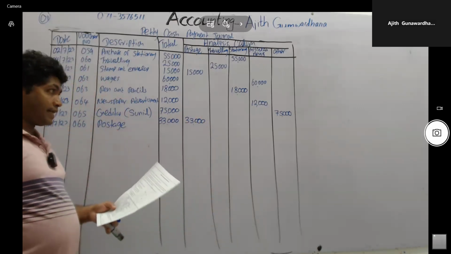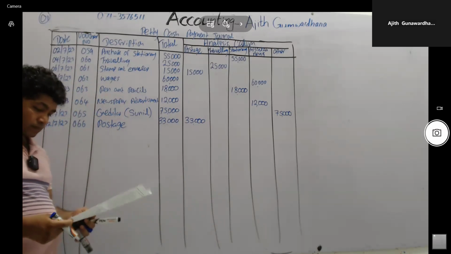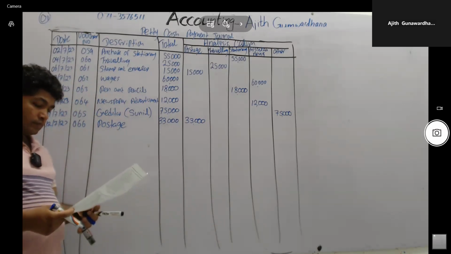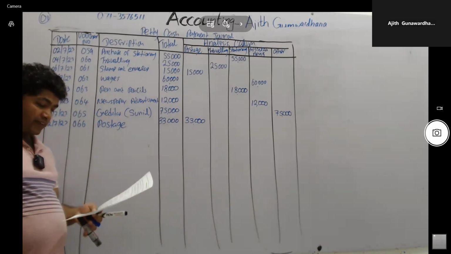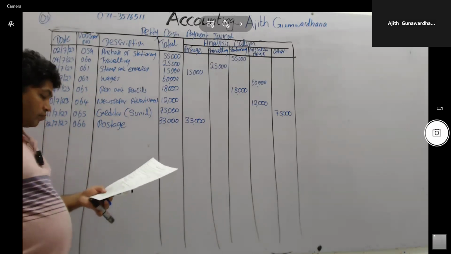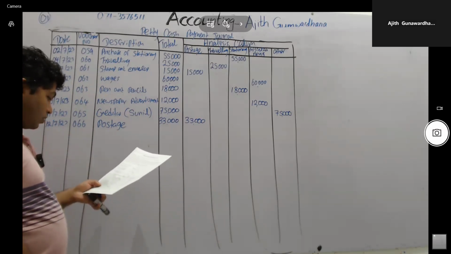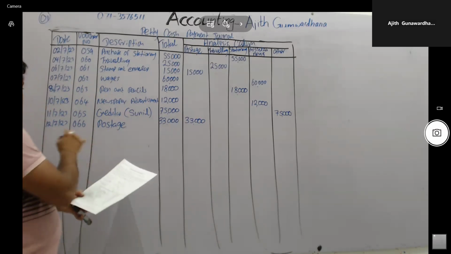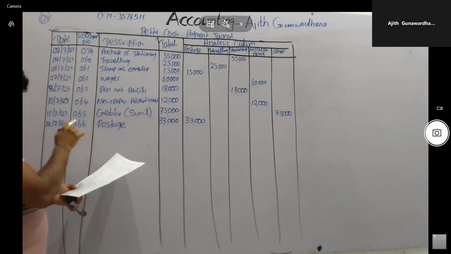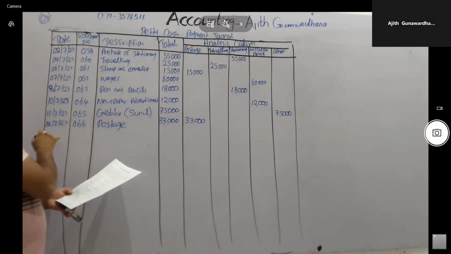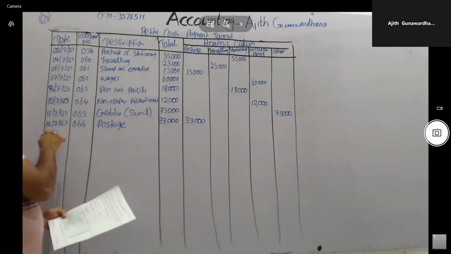Think how to prepare petty cash payment journal. Stationery also same way. Date, voucher number also given. The date 15 July 2023.